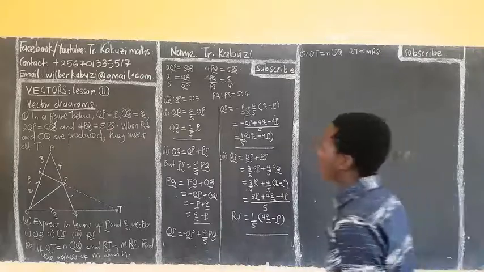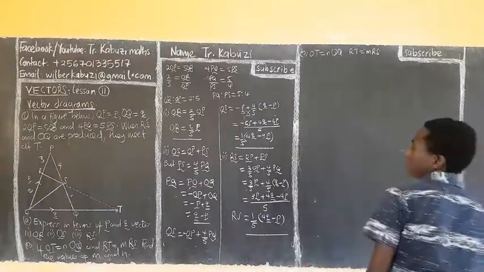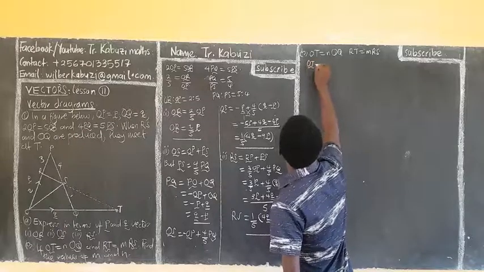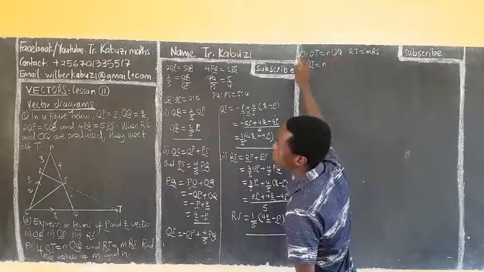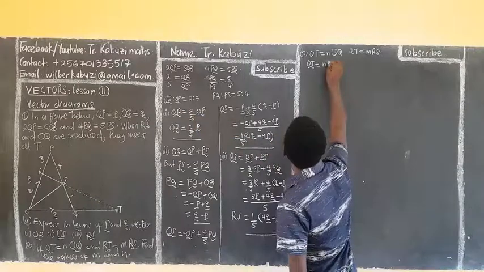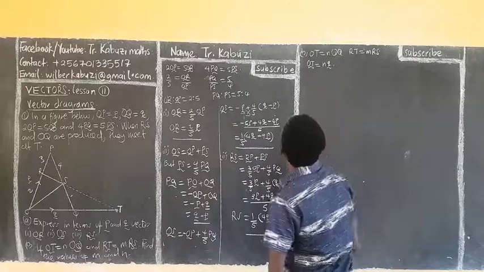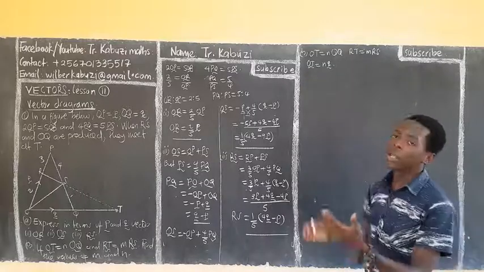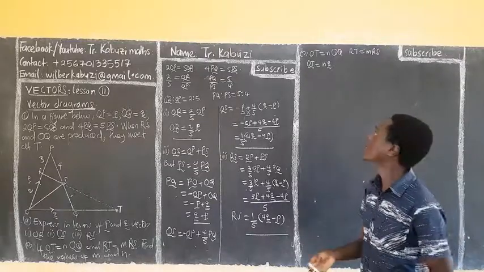Okay. So now let us see how we handle this. First of all our OT here will be n OQ. OQ is already a small q, like that. Now, what we do, we need another vector in terms of OT so that we can compare the coefficients. So here we are just going to compare.